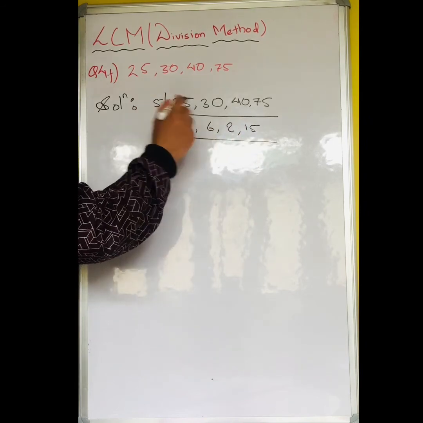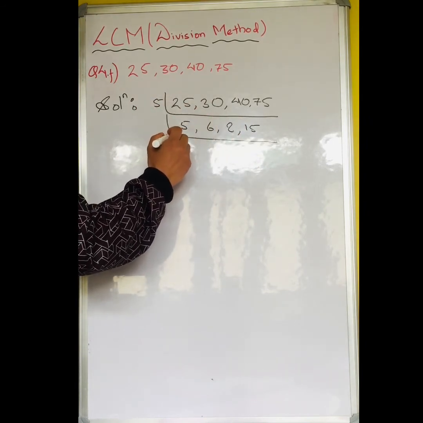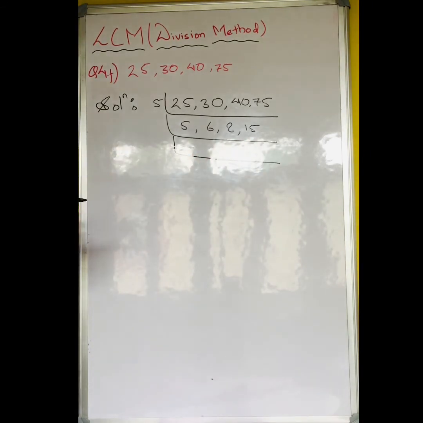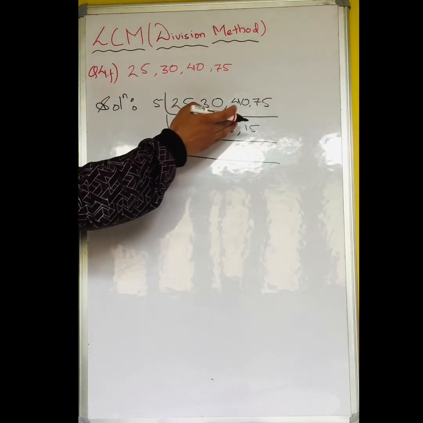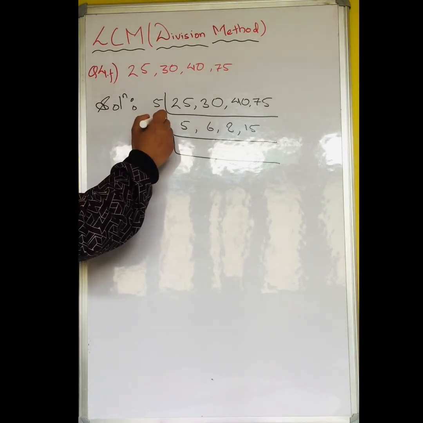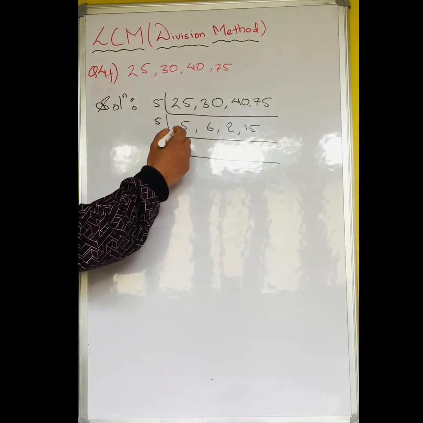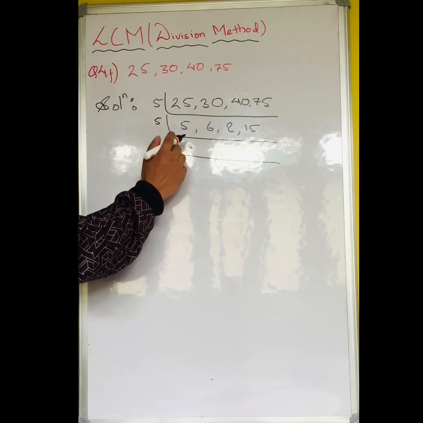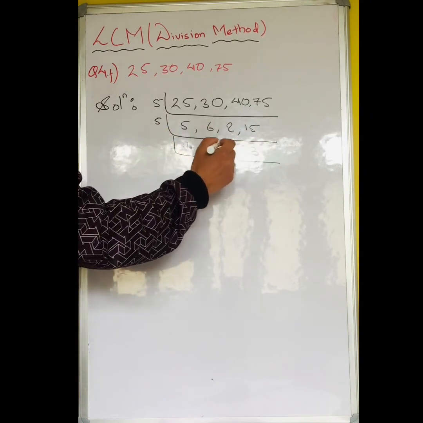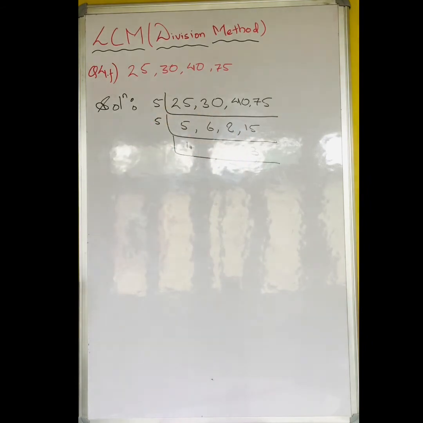Now again I can see that some of the numbers are divisible by 5, that is 5 and 15. If a number is not divisible by the given number, suppose I'm dividing by 5: 5 1s are 5, and since 15 is divisible by 5, 5 3s are 15. But what about 6 and 8?